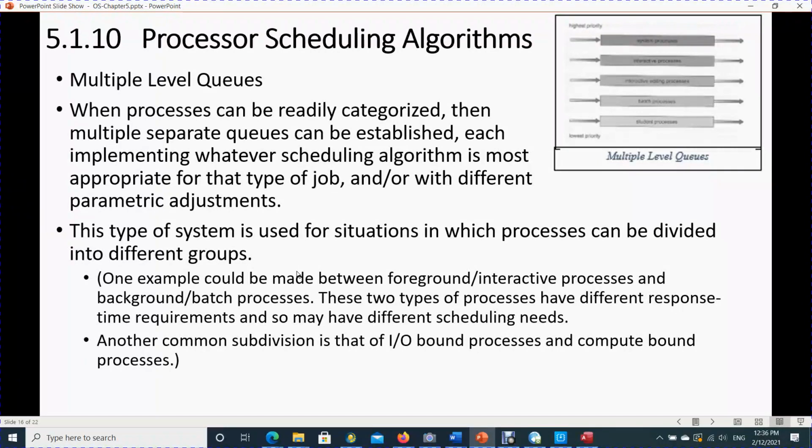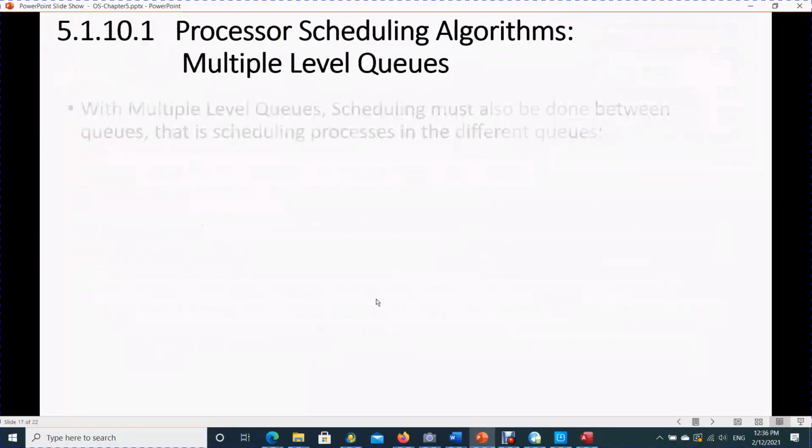One example, you can separate them into foreground interactive and background batch. They have different response time requirements and have different scheduling needs. Another common subdivision is I/O bound versus compute bound.